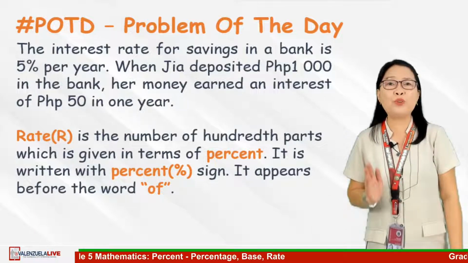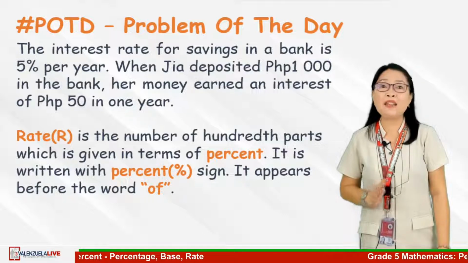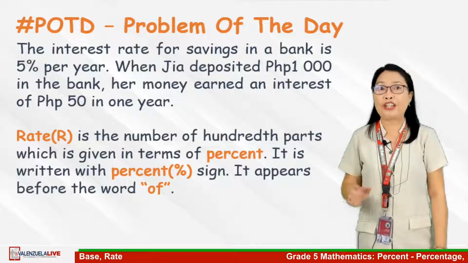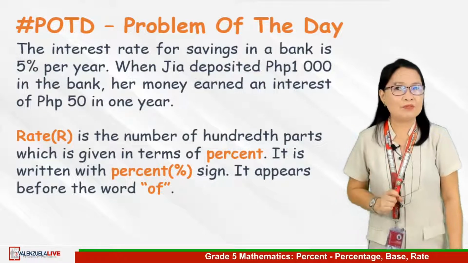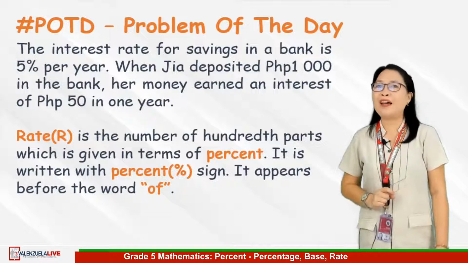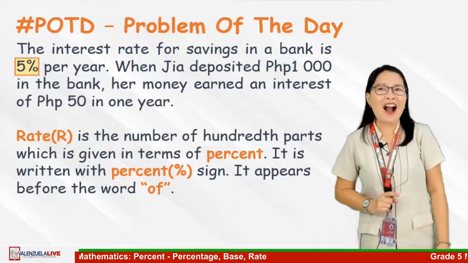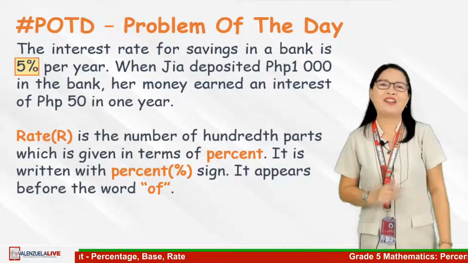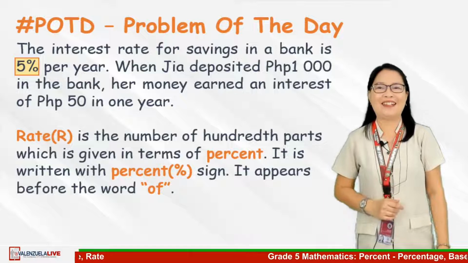So it's easy to point out which is the percent or the rate in the problem, and it appears before the word of in a given problem. Now, can you give me the rate in the problem? The answer is 5%. Very good. So that is the rate. It's easy to identify because it has a percent sign.